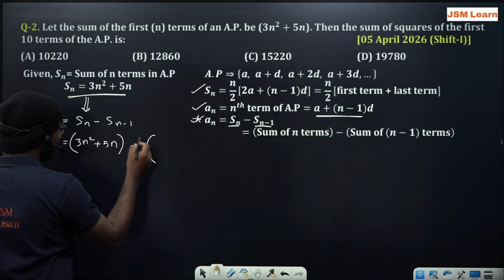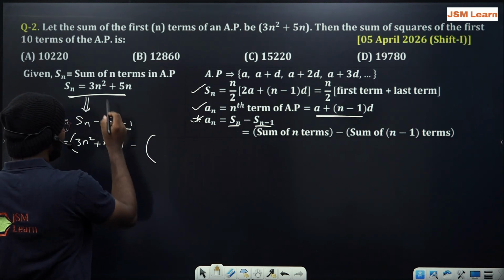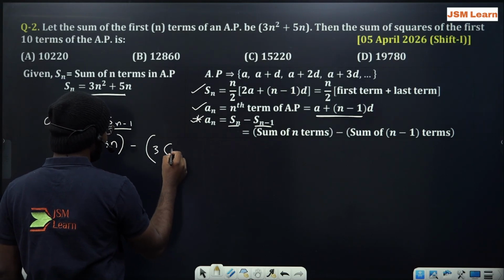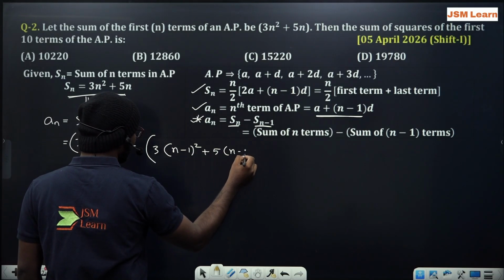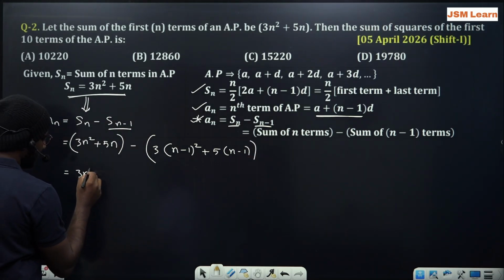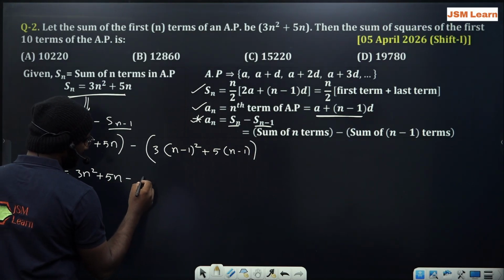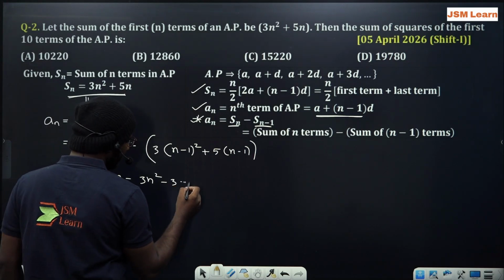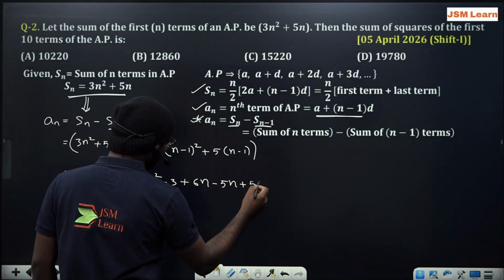Now we need to find the sum of n minus 1 terms by substituting n minus 1 in place of n. That is 3 times (n minus 1) whole square plus 5 times (n minus 1). On solving this, 3n square plus 5n minus (3n square minus 6n plus 3 plus 5n minus 5).